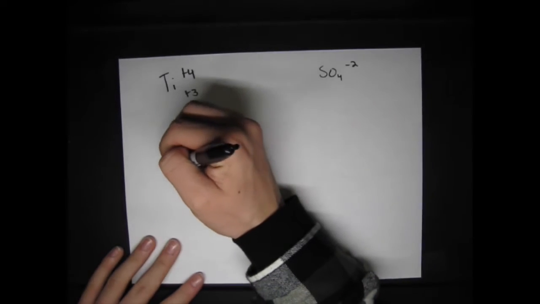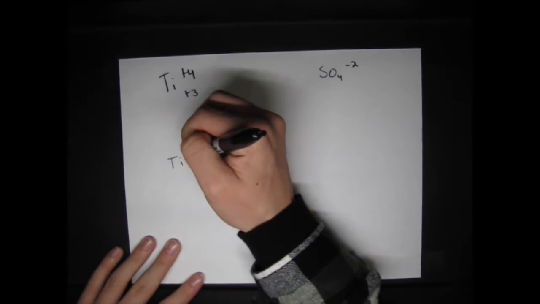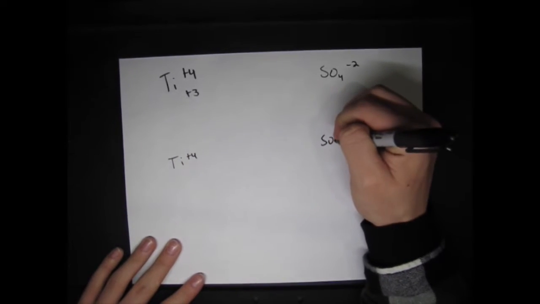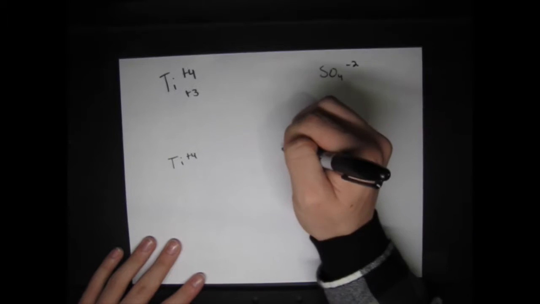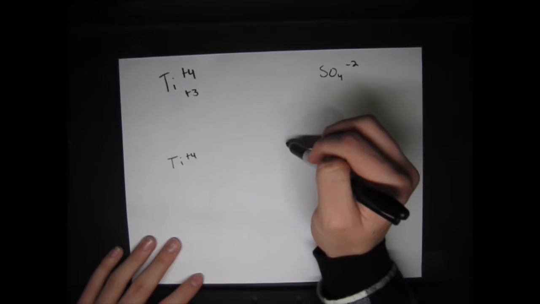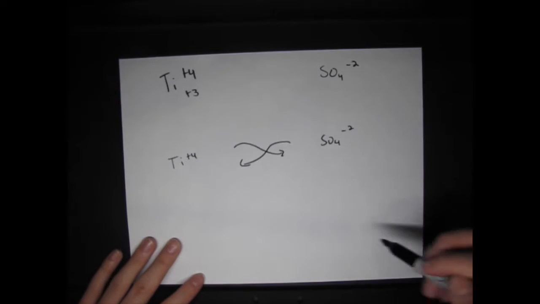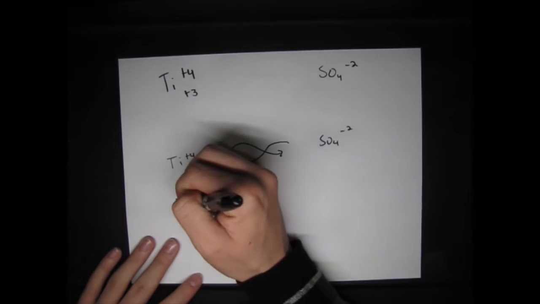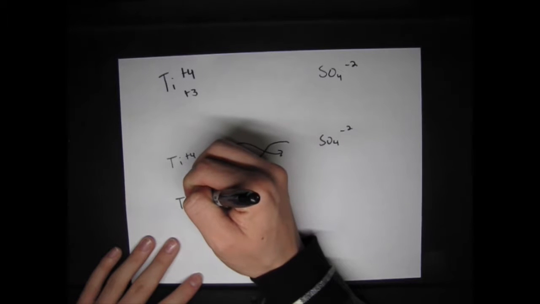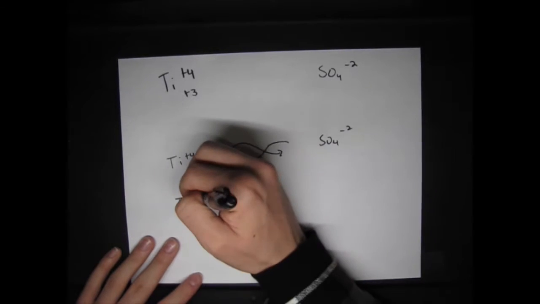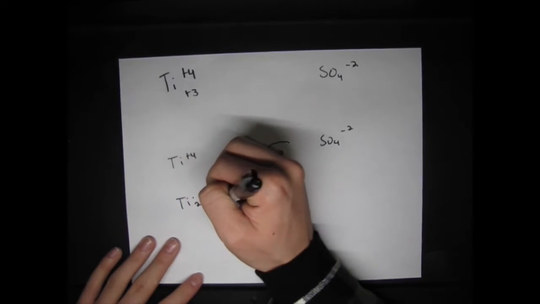Our first one, we will be using titanium +4 and sulfate -2. To write this, you put both of the charges in their opposite places. So we'll end up with titanium 2 and sulfate 4.